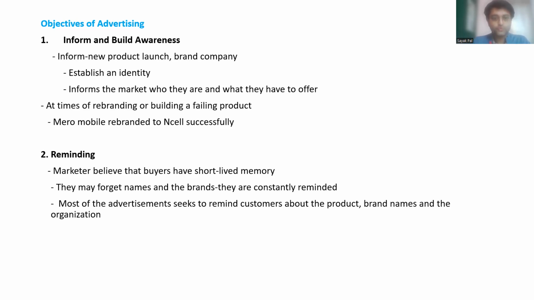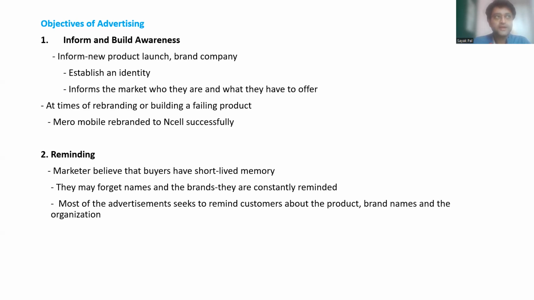Not all brands go through this, but in many cases the brand has to face a lot of damage. So advertisement can also help in repairing those damages and restoring the brand image for those products. Right.